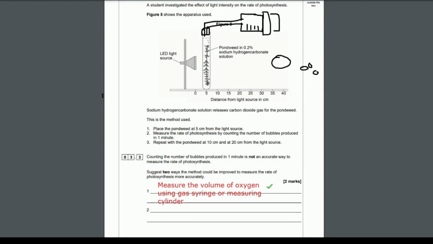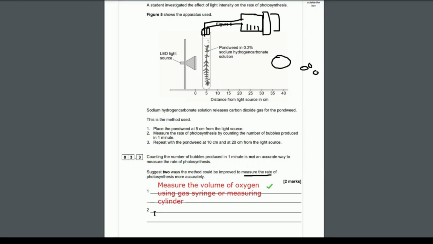Right, and number 2, it's probably a little bit harder, but they've said the word rates. If you want to measure the rate, what haven't they done here? We probably need to, oh, they have done it. They did record it over a minute, but in a minute there's more errors.